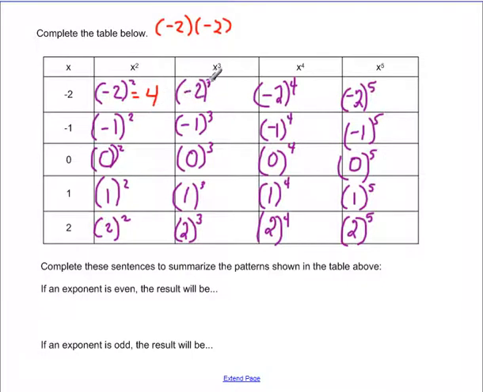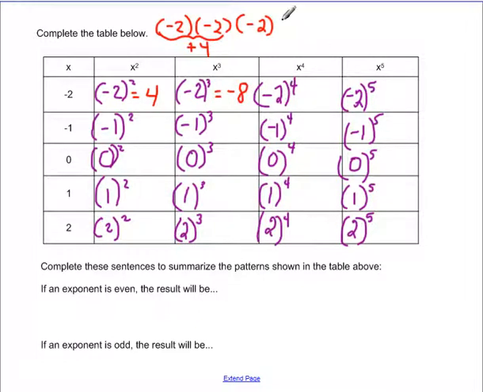Now if we take negative 2 and raise it to the third power, that would throw another negative on there. We already know that negative 2 times negative 2 is positive 4. And if I take positive 4 times a negative 2, positive times a negative is a negative, and 4 times 2 is 8. So negative 2 to the third power is negative 8.